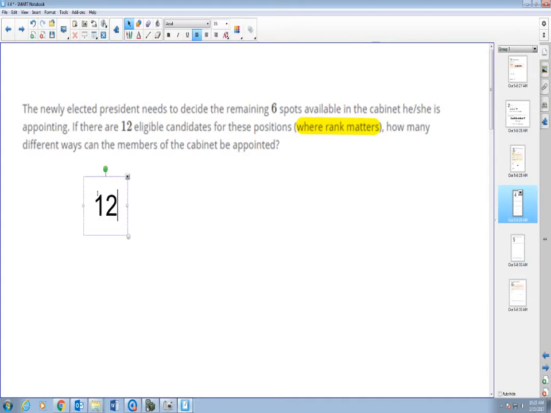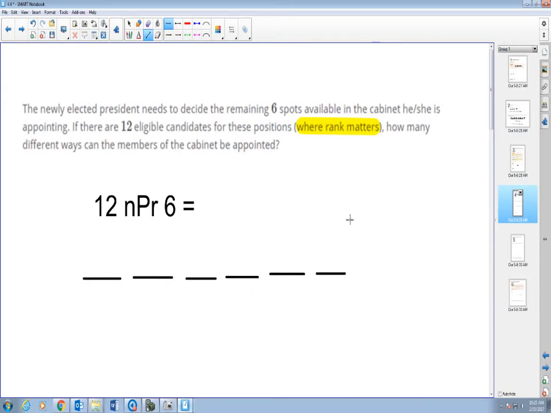So there are 12 I can choose from. Using permutation, because the order matters, I'm only going to choose 6 of them, and that is basically the same thing as saying, watch this, I got 6 spots, 1 2 3 4 5 6. For the first position I choose, I have 12 people to choose from. Once I choose one, then I got 11 to choose from, 10, 9, 8, 7.